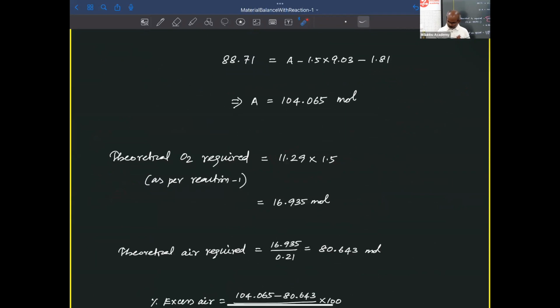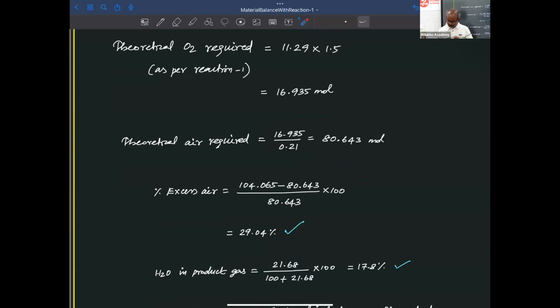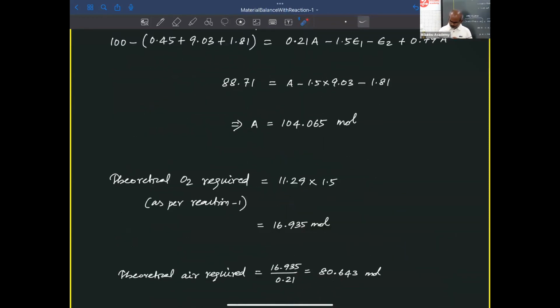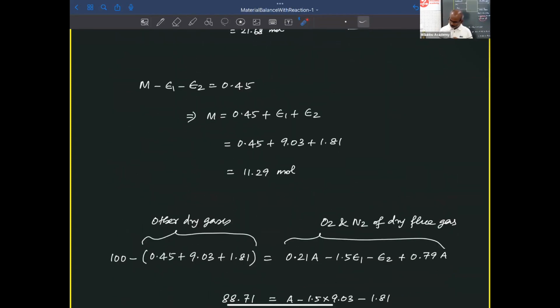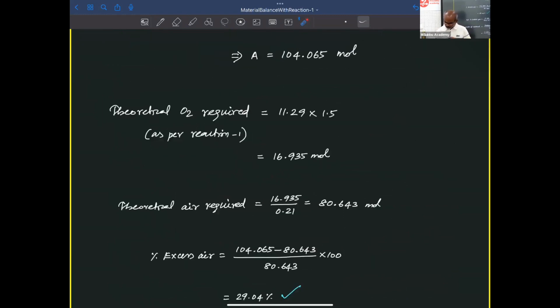Theoretical O2 is converted into theoretical air, because O2 is only 21%. The excess air is what is entering minus the stoichiometric requirement, divided by stoichiometric. Water in the product gas is how much water is coming, and the total is this plus this, so from that the water percentage is calculated.